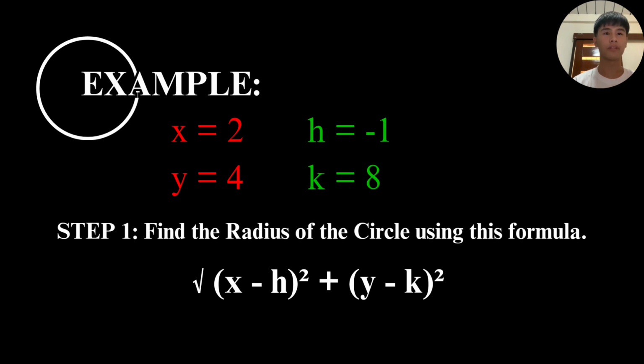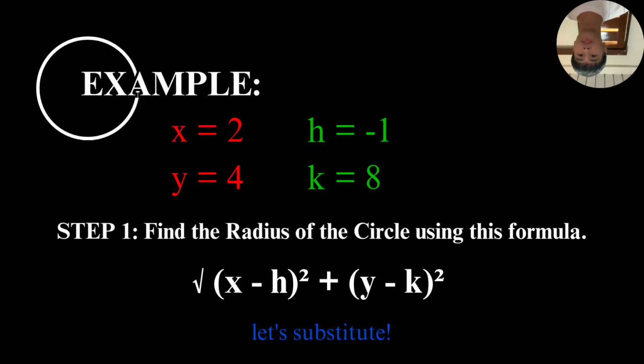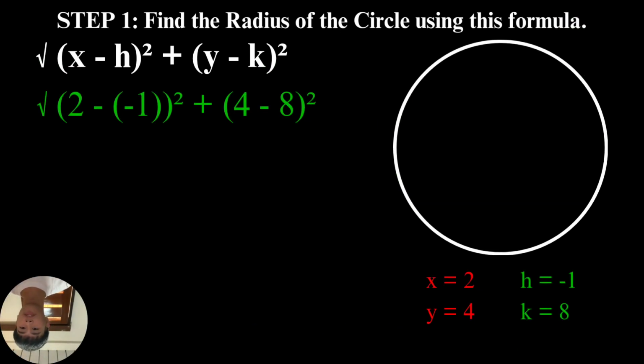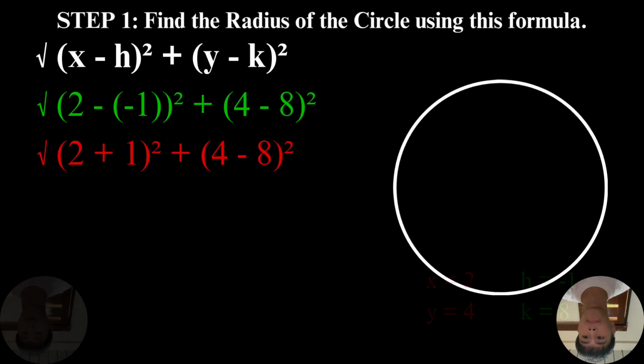The first step is to find the circle's radius using the distance formula, which is the square root of (x - h)² + (y - k)². Let's substitute using the given variables. After substitution, it comes up to the square root of (2 - -1)² + (4 - 8)².